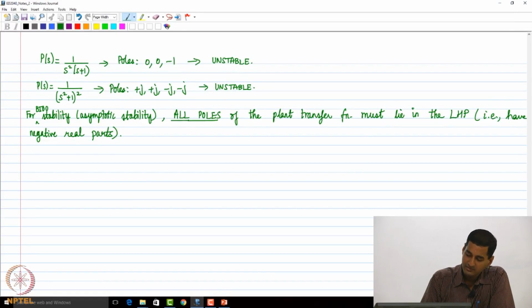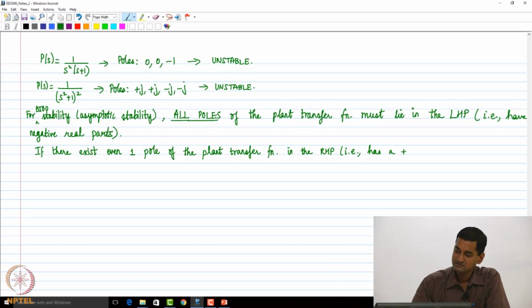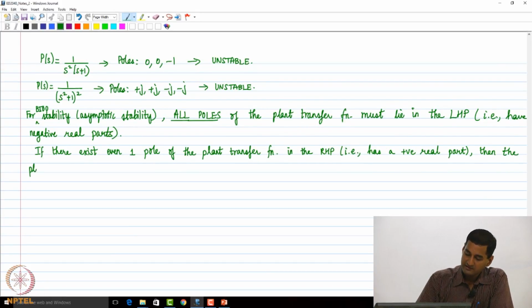Now, if there exists even one pole of the plant transfer function in the right half plane, that is, with a positive real part, then the plant or the system is not BIBO stable.